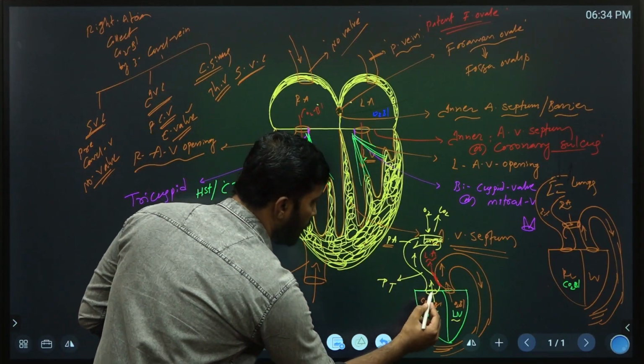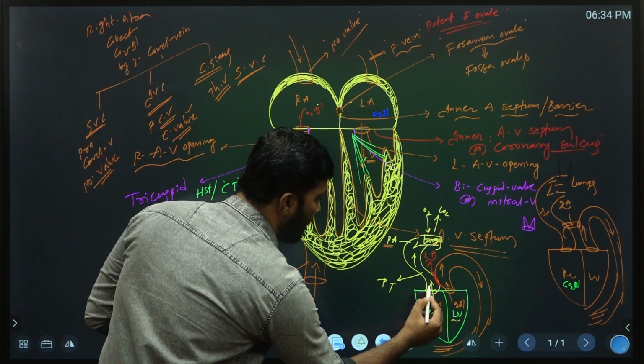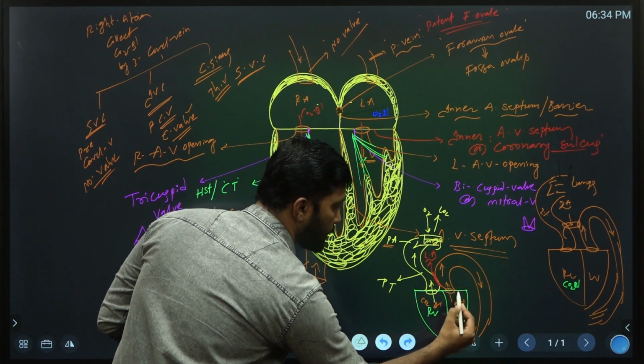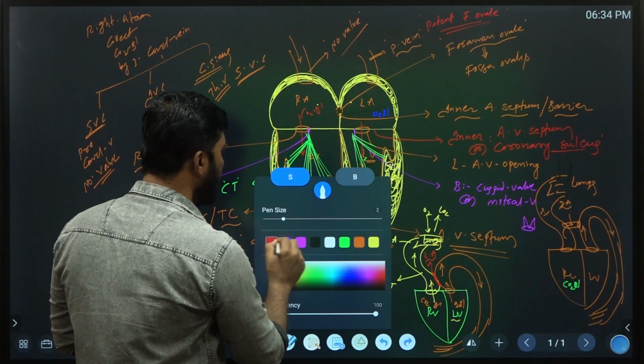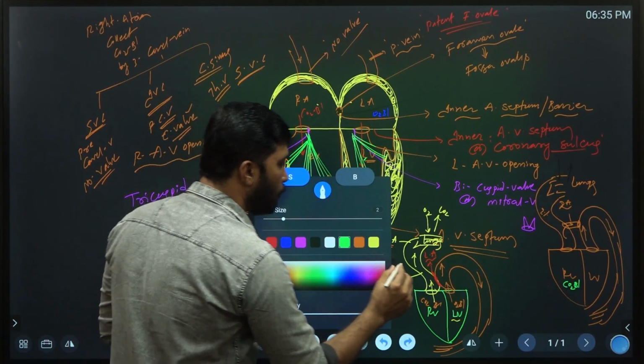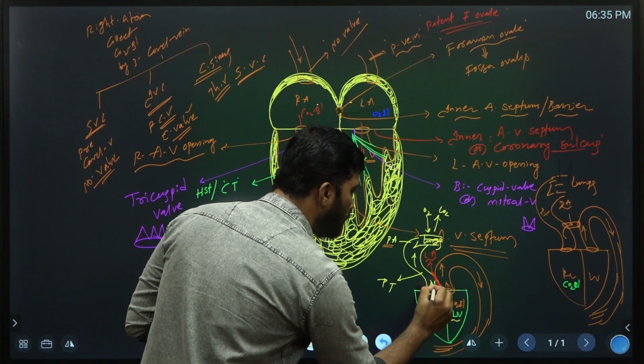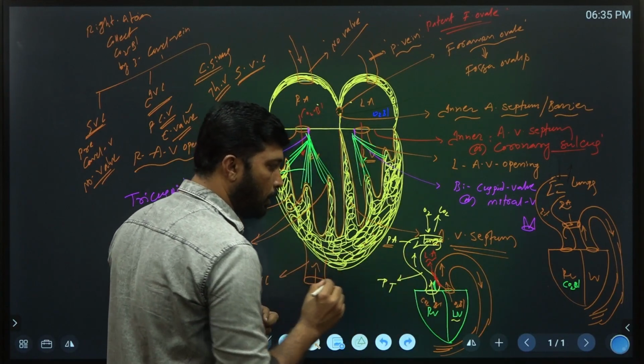And next, the opening. This is the pulmonary trunk, this is the systemic trunk. At the opening of these two trunks, there is a specific valve, right? This is called the right semilunar valve.